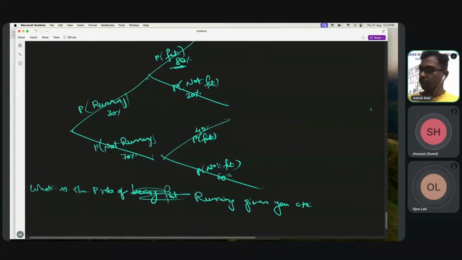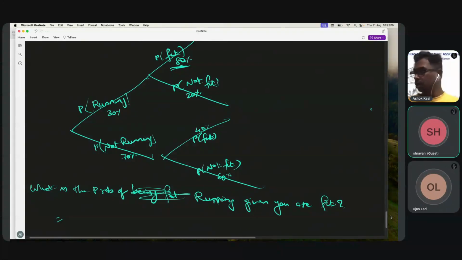That means you are already fit, so fitness will come as the unconditional. What is the probability of running given you are fit? Given you are fit, the denominator will be unconditional.